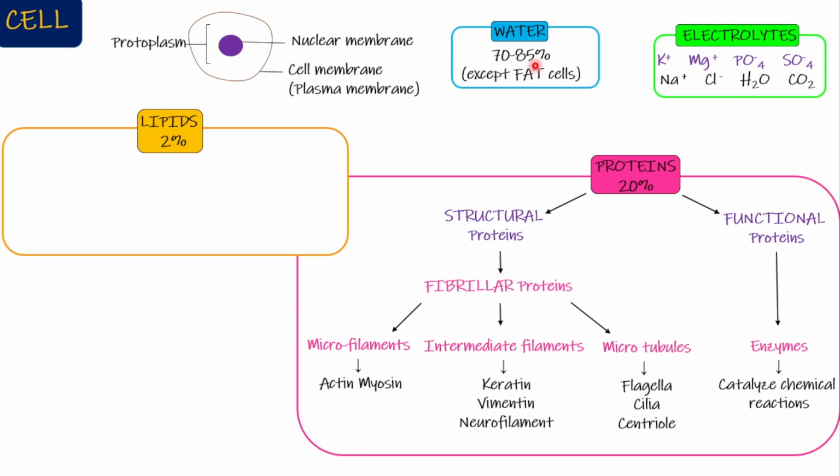After proteins, we have lipids. So 70 to 85% is water, 20% is proteins, and lipids are only 2%. There are three types of lipids present inside the cell: phospholipids, cholesterol, and triglycerides. 95% of fat cells are triglycerides.